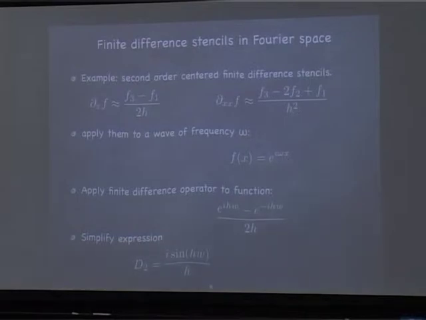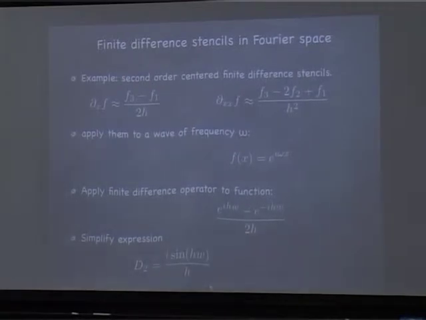Now, yesterday we derived explicitly the finite difference stencil, the finite difference formula for the second order accurate case using an interpolating polynomial. And sometimes, because we're working a lot in the Fourier domain, it's actually useful to also translate these stencils to the Fourier domain. Okay, and I'll show you how this works. So yesterday we derived these formulas for the first and second derivative to second order accuracy.